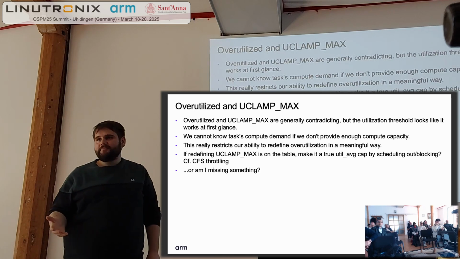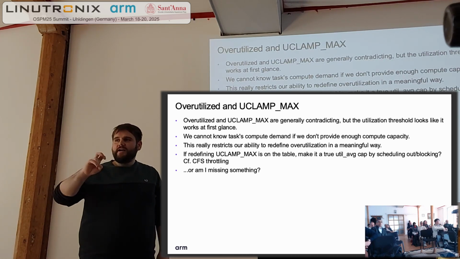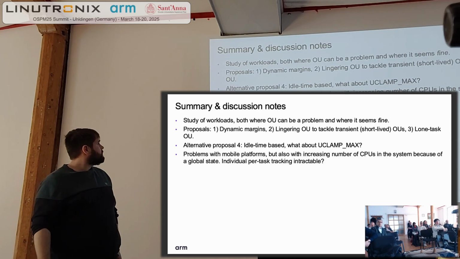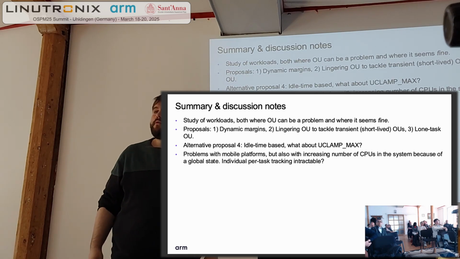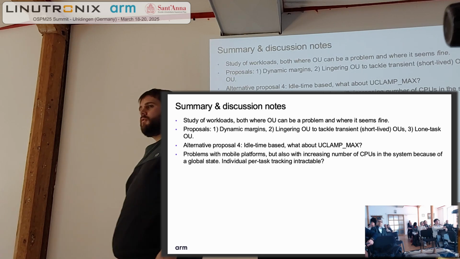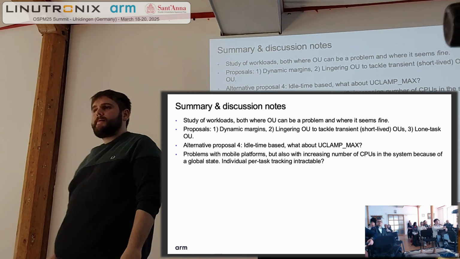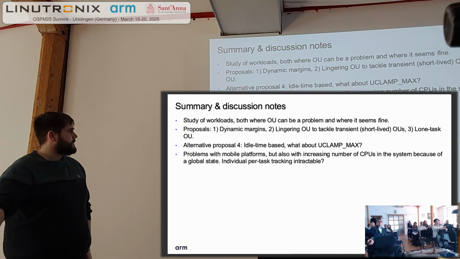We might get away with that because, as I said, most of the PELT contributions have been accurate in the past. The estimate is also higher than the duty cycle of the task, an overestimation of the actual duty cycle.